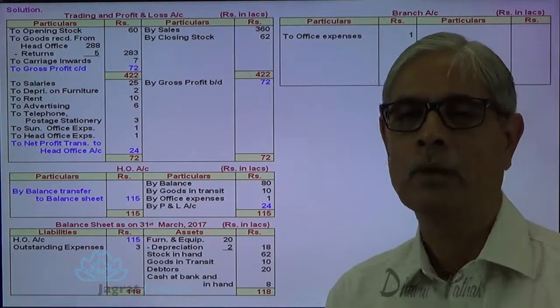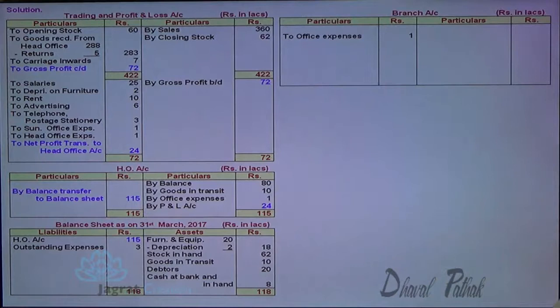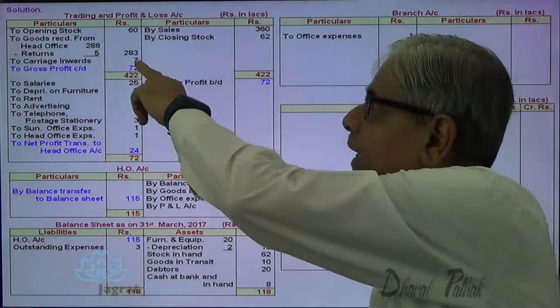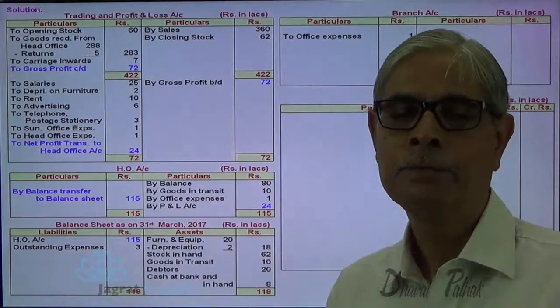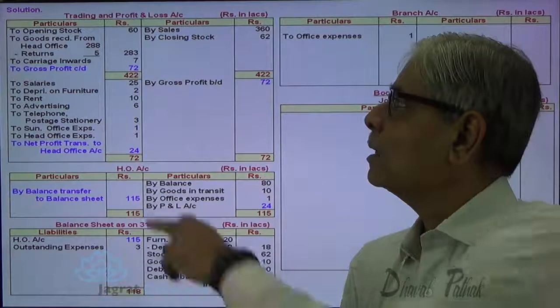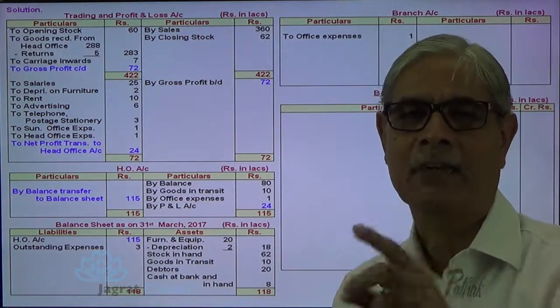Now I want to write down the absorption entries in the books of HO. So 60, 288 and 7 are debited to the branch trading account. Say, for example, carriage inward 7,000 is the expense paid by the branch. Branch is the giver, credit the giver.